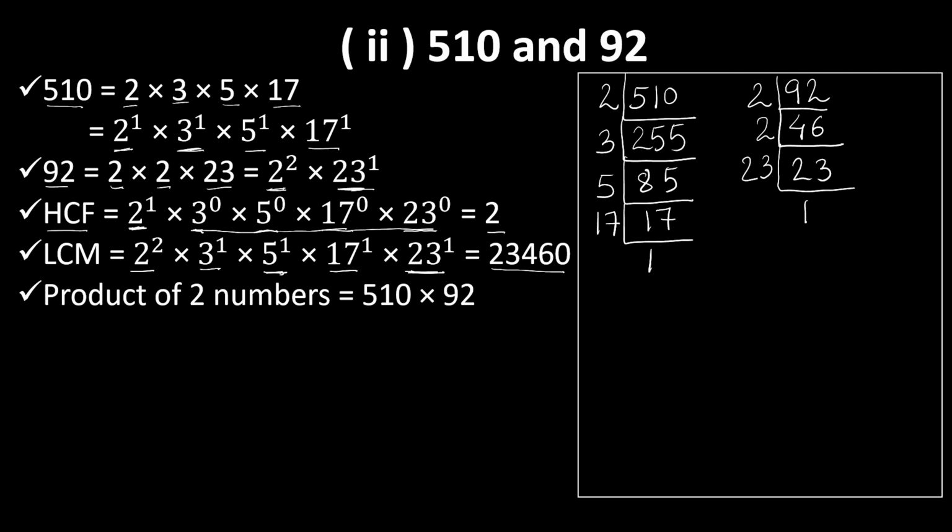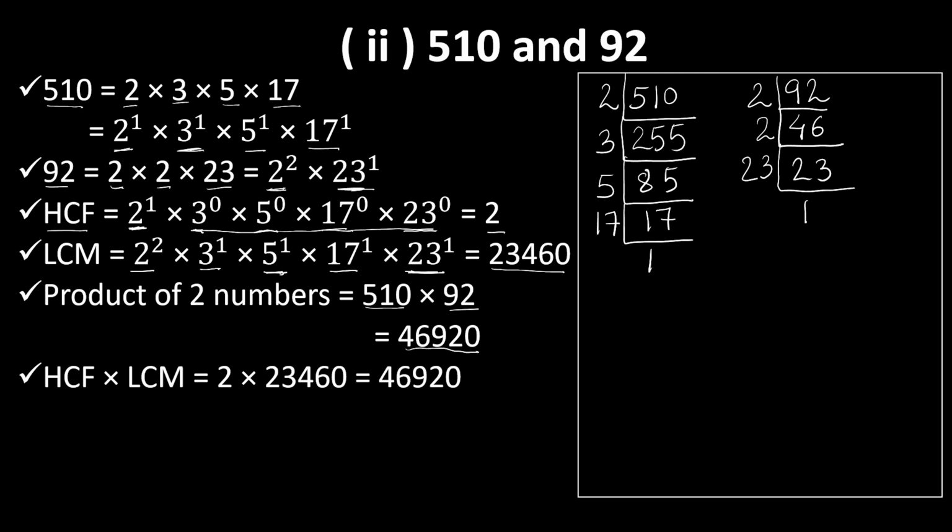Now, the product of the two numbers is equal to 510 multiplied with 92, which is equal to 46,920. And the product of their HCF and LCM is equal to 2 into 23,460, which will give us 46,920. So what did we observe?